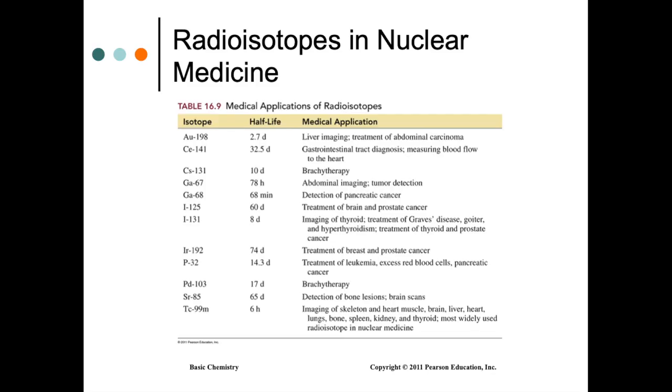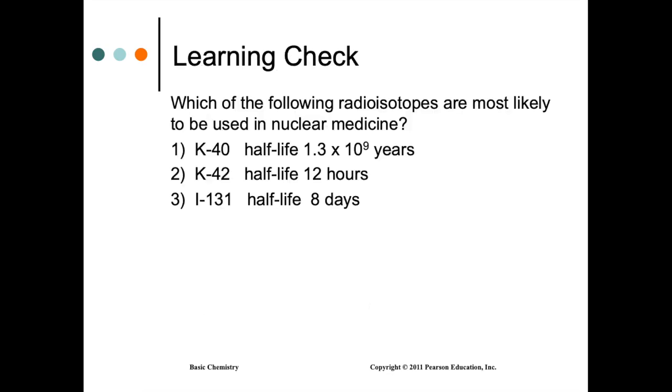To give you another example, let's say you want to study bones, right? Well, bones absorb calcium. Now, if you don't have any appropriate calcium isotopes, you can get something that's similar. So strontium-85, for example, is very similar to calcium. It's in group 2 as well, and it can be used to study bone lesions.